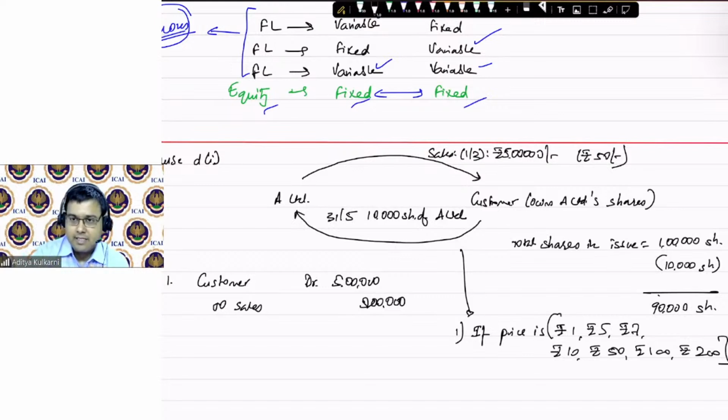See, the customer has a liability of 5 lakhs from A Limited. Pay attention, it's not very confusing. The customer has a liability of 5 lakh rupees because it has purchased the goods from A Limited. The contract says that the customer will deliver 10,000 shares of A Limited as consideration for the sale value it has received.